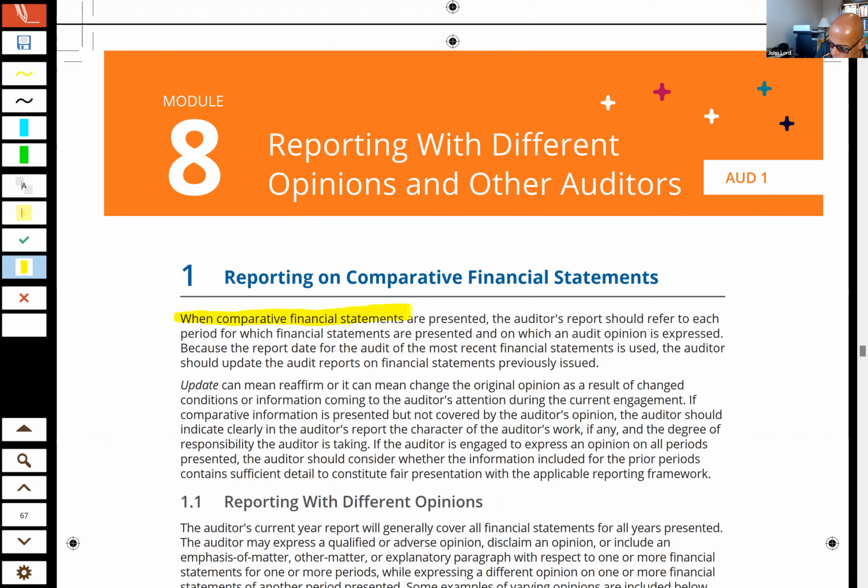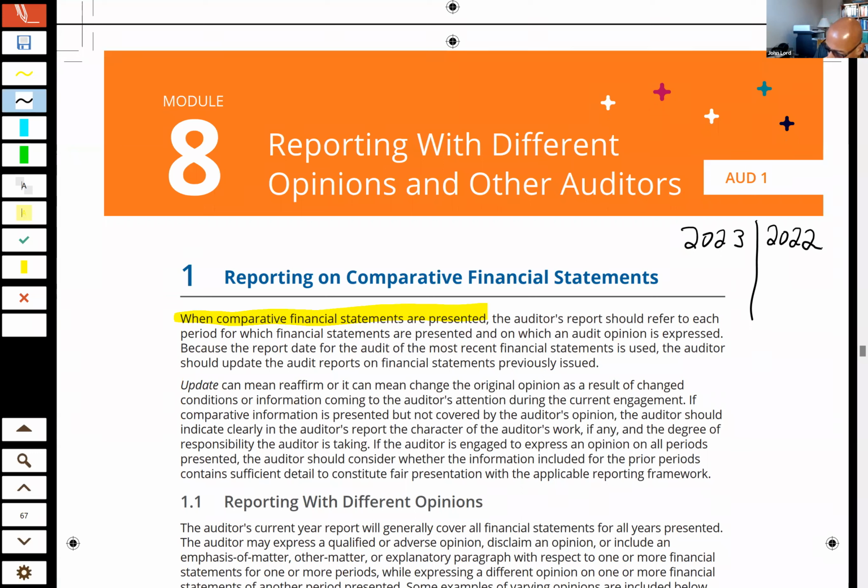Okay, so let's just go ahead and take a look, and we talk about when comparative financial statements are presented. Let's just stop right there and make sure we understand what comparative financial statements are. So what happens? We're doing the 2023 audit, and the entity will prepare, often in columnar format, the 2022 statements.